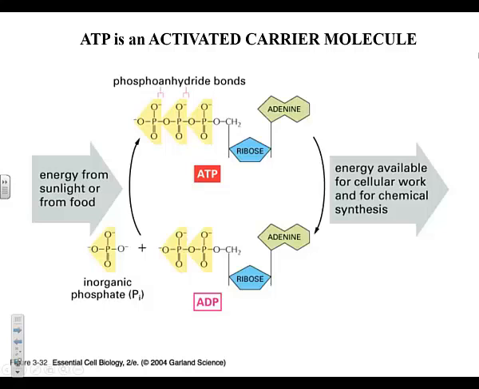And it's really these two phosphoanhydride bonds between the adenosine monophosphate and diphosphate, as well as the bond between the diphosphate and triphosphate.